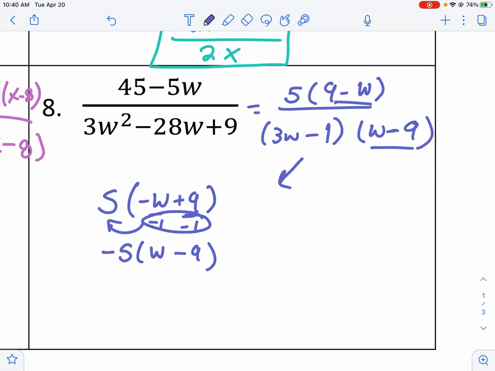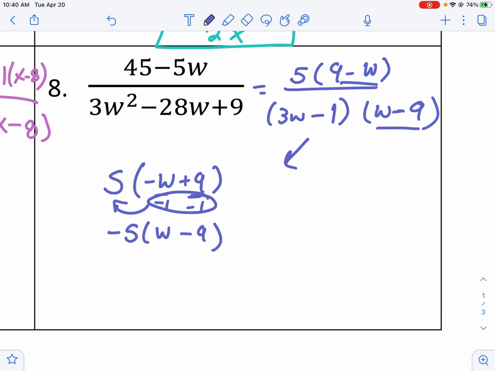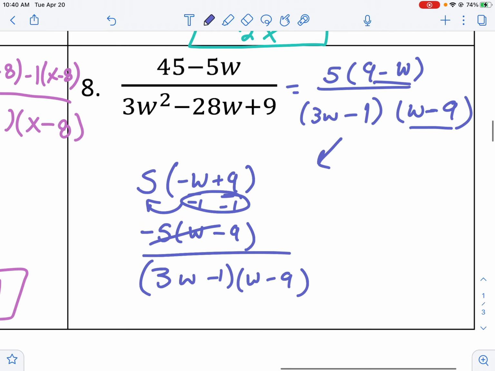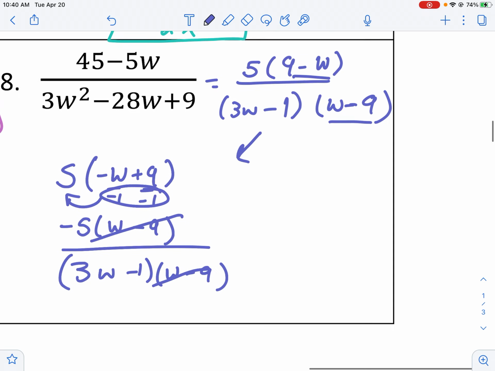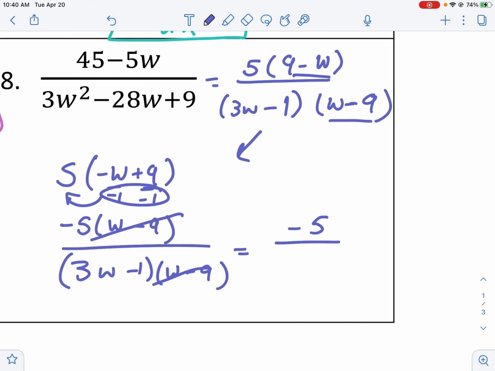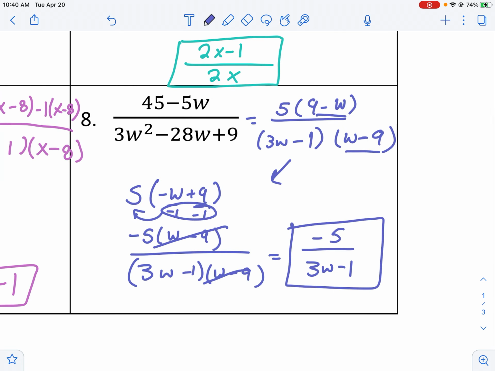And then you move this negative 1 to the front, you would have to multiply 5 by negative 1. And then that's over 3w minus 1 times w minus 9. Cancel, cancel, cancel. So we get negative 5 over 3w minus 1. And there we go. No more simplifying that we can do at that point.